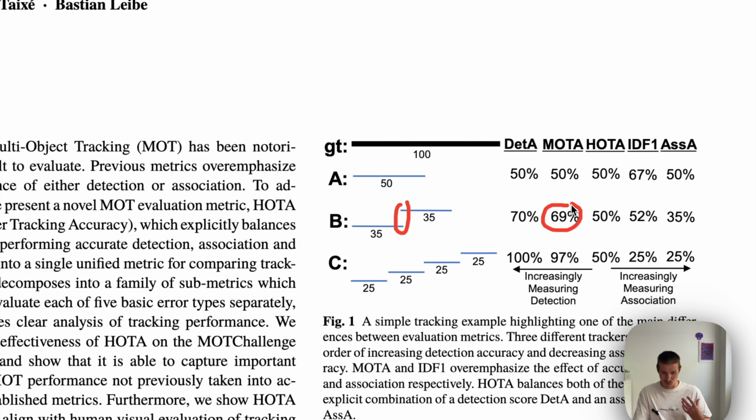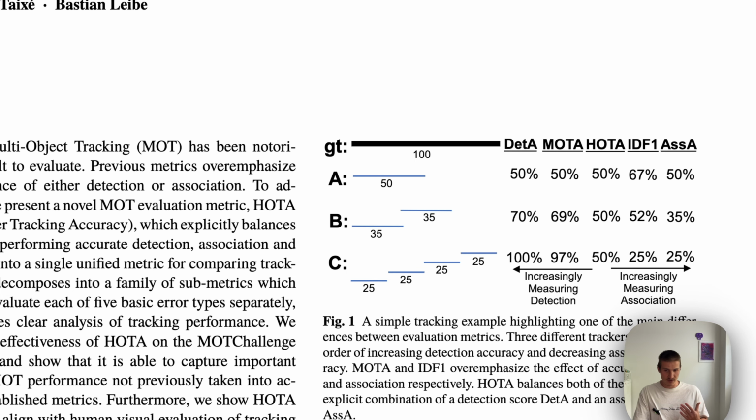So it's not really doing that much. And then in the last case, we have 3 identity switches. So the metric got this small penalty. But again, it's not that much. So from MOTA perspective, not caring about the actual identity and just focusing on detection is the winning strategy.